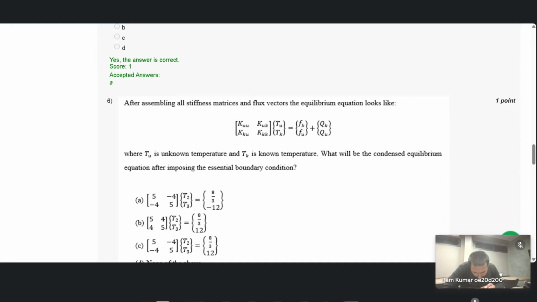So this is our flux per unit area, and this is flux per unit length. So this is our internal force, and this is our external force.